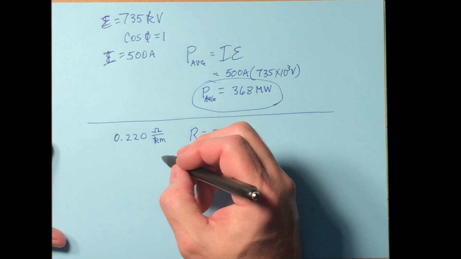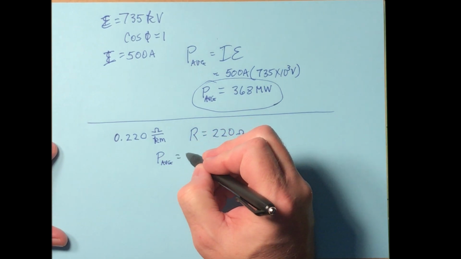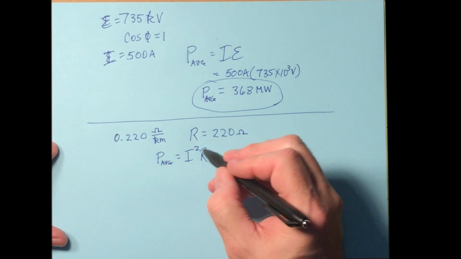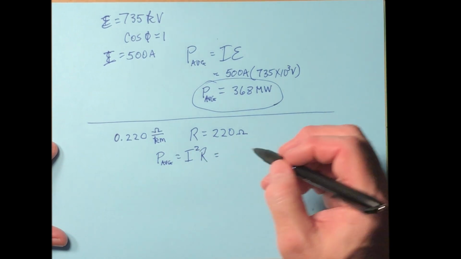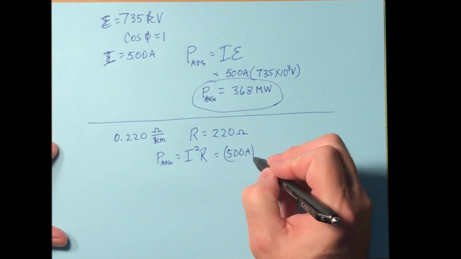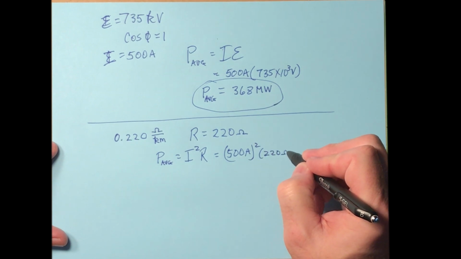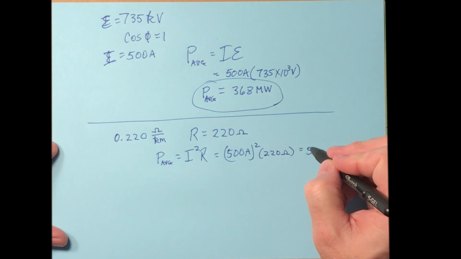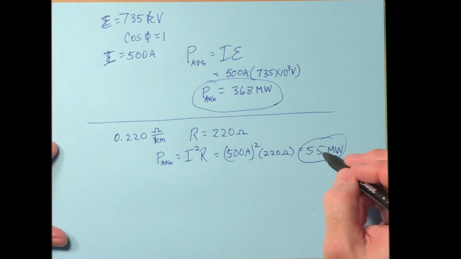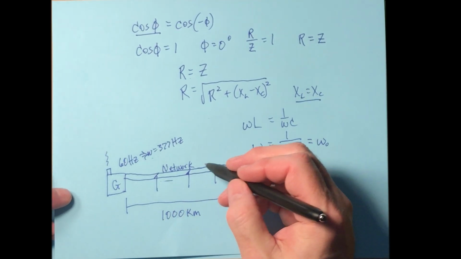Now that's a small amount of resistance for an entire network, but I want to show you why that's important. The average power for this is I squared R. The current that's going through these power lines is 500 amps. Square that, multiply by 220 ohms, and you end up with 55 megawatts. That's how much energy is lost due to the resistance of the wires.